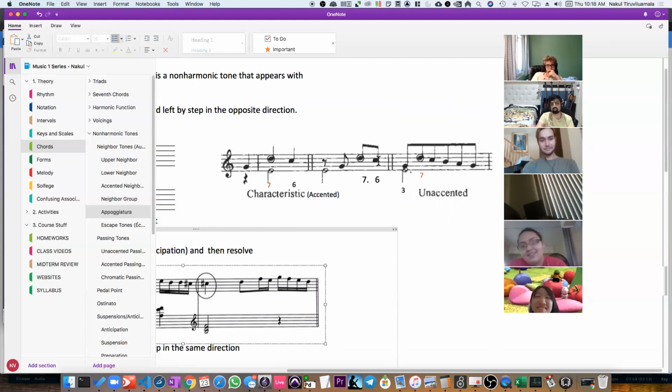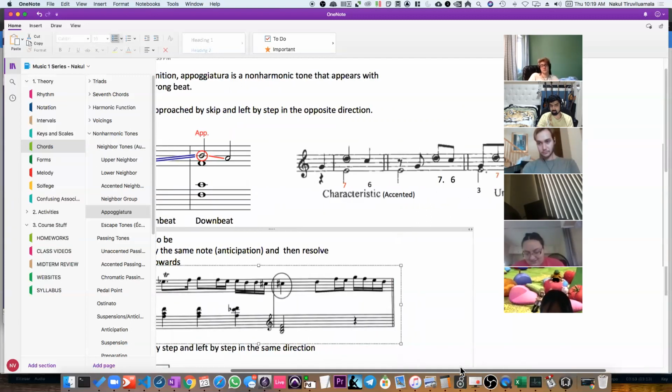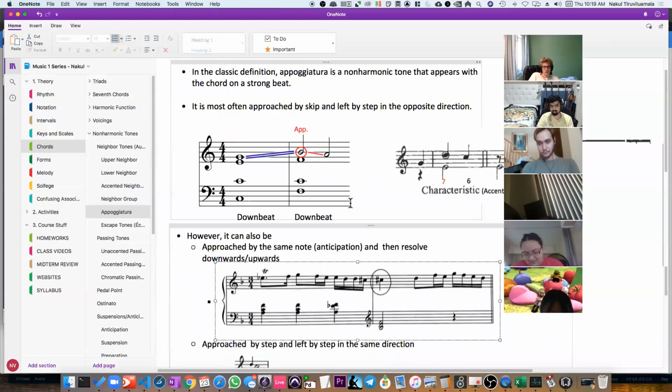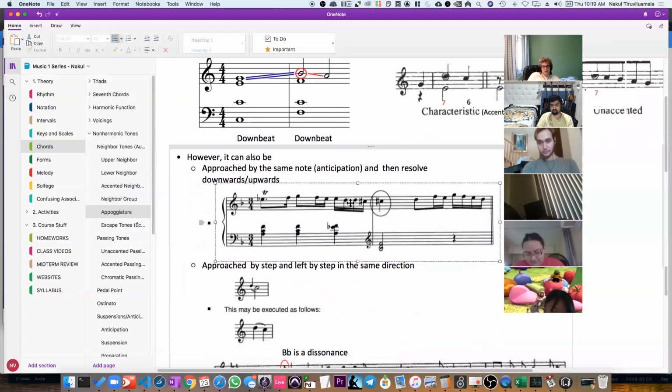So you have a step in the opposite direction. Okay, so now this is another maddening thing. So I guess you could have an unaccented appoggiatura where basically you have the non-harmonic tone on a weak beat, and then you still resolve by step in the opposite direction. Fun, right? Look at all these definitions. As if that wasn't confusing enough. This really drove me mad as I was trying to prepare homework for this. It can also be, this could also be an appoggiatura.